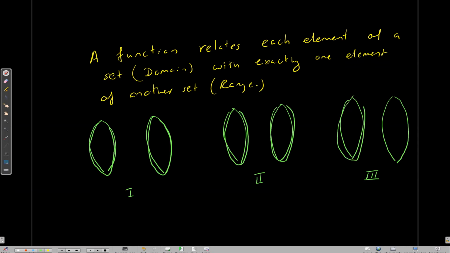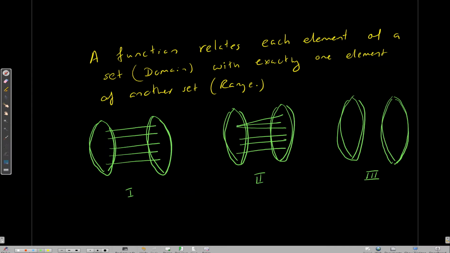Now read the definition carefully and tell me. You can't tell me because this is a video, but out of these three relations, first of all, yes, they are all relations. I just explained it. Now, reading this definition, which one or which ones are functions?